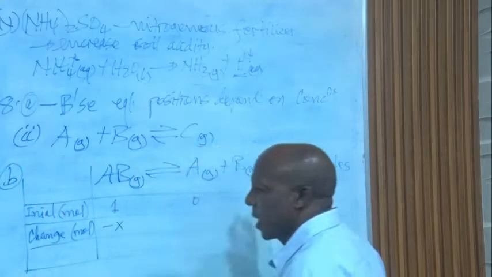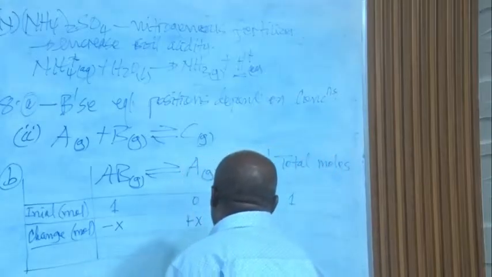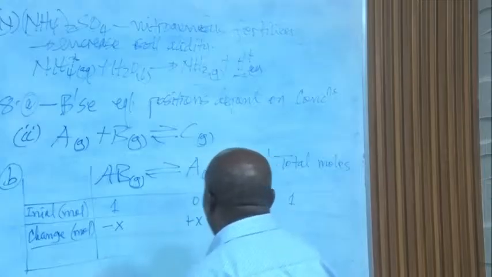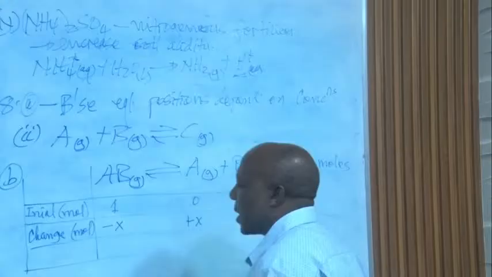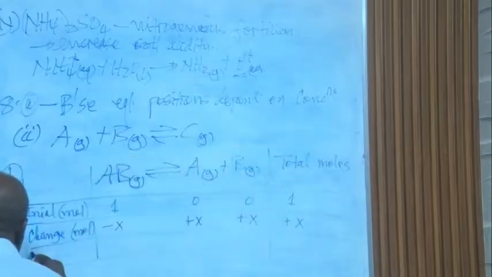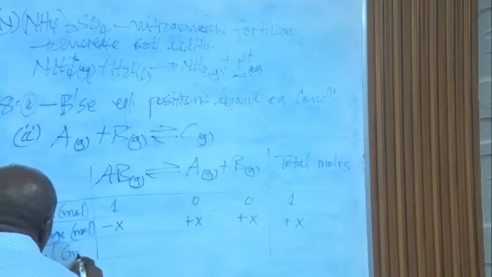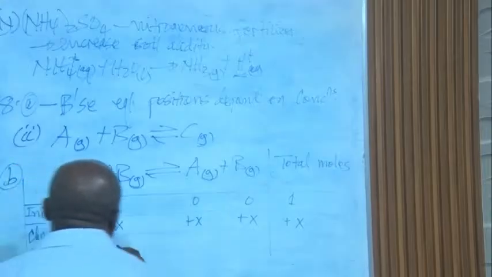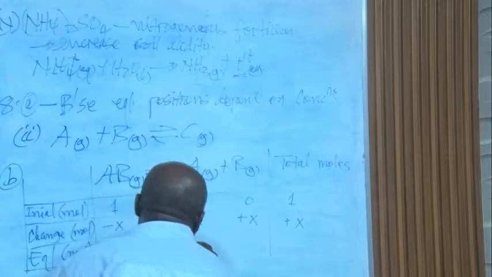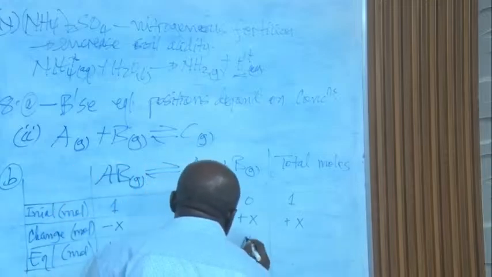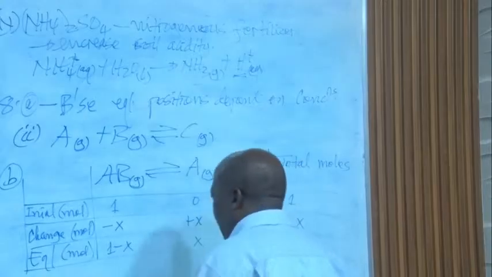Because the products are increasing, here is a plus x, and also here a plus x. The total moles change is plus x. Then at equilibrium, the moles are 1 minus x, x, and x. The total moles is 1 plus x.